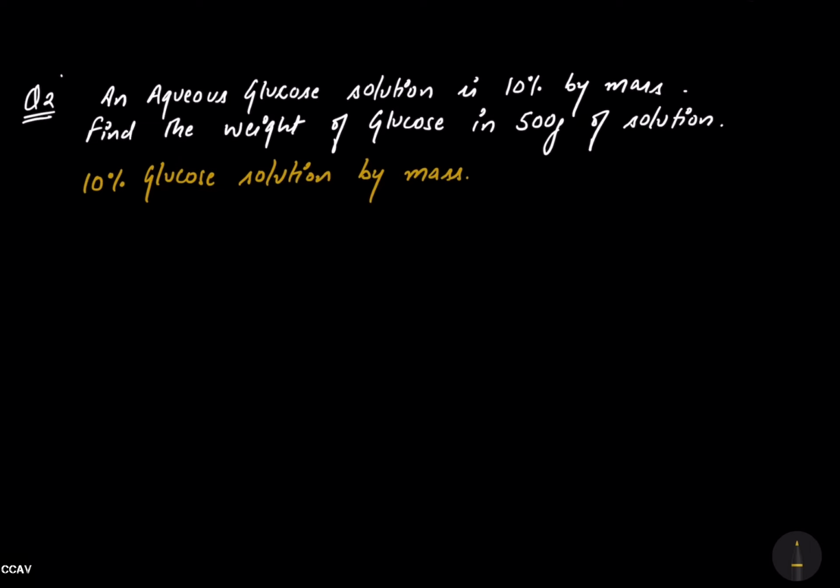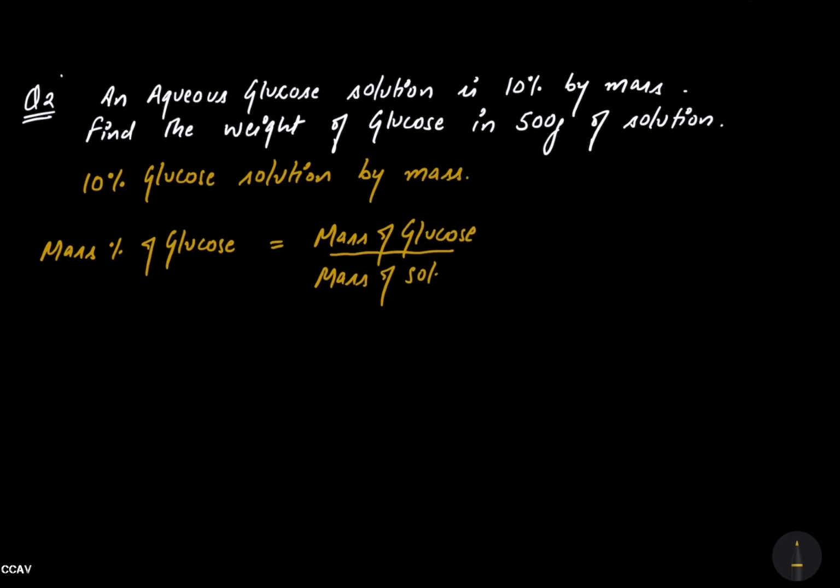Now, let me write down the formula first. The mass percent of glucose will be equal to the mass of glucose divided by mass of solution into 100.